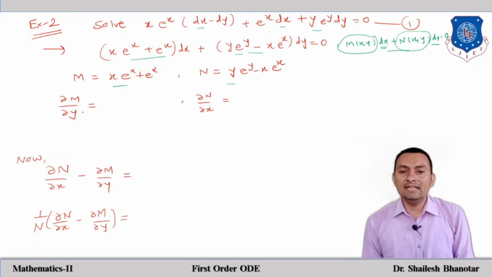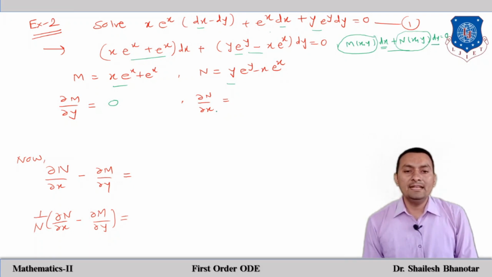Now let us find del m by del y. In that case, x will be constant, so it is going to be exactly 0. Now look here, del n by del x: this is going to be a constant because we are doing the partial derivative with respect to x, so it will be 0.